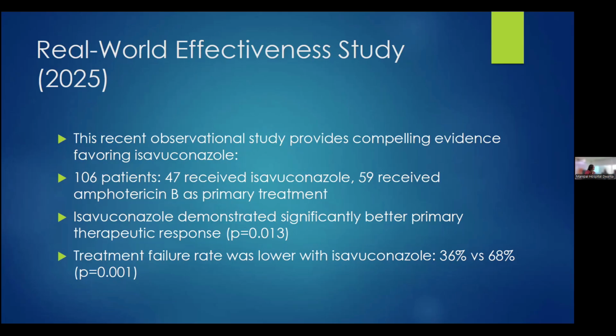Look deeper: ampho and isavuconazole have to be there. No choice. The only thing we have to remember, since we know that posaconazole has erratic blood levels at any time, there should be an overlap. Whenever you are planning to switch to oral, there should be an overlap with ampho and posa.